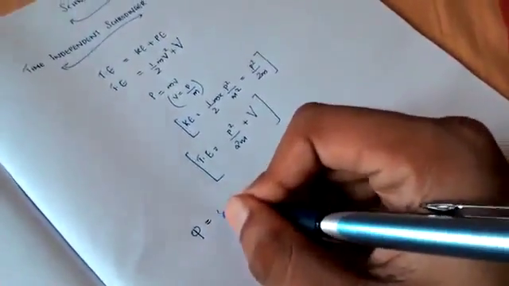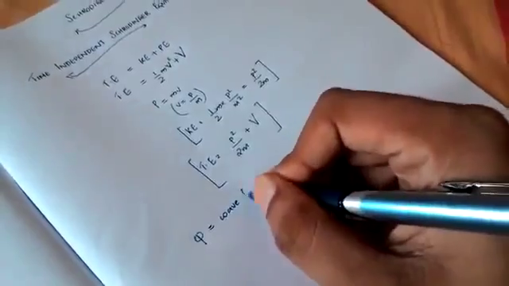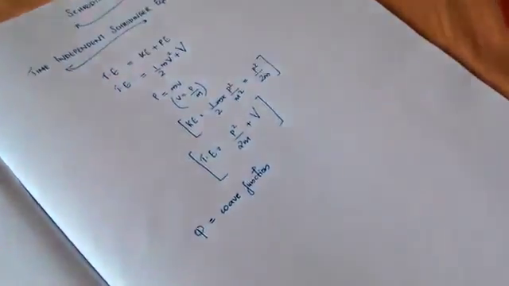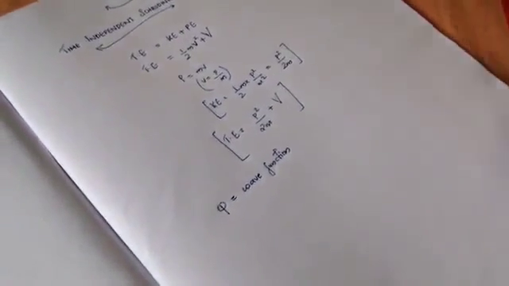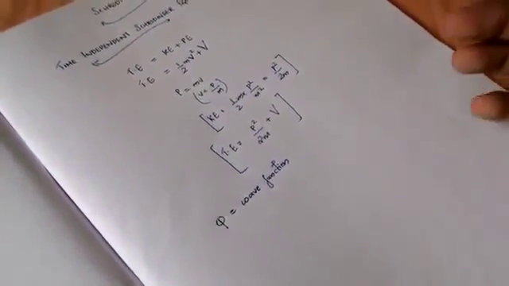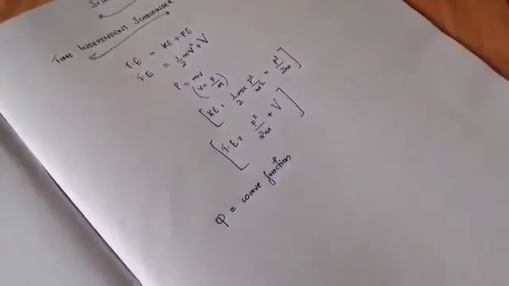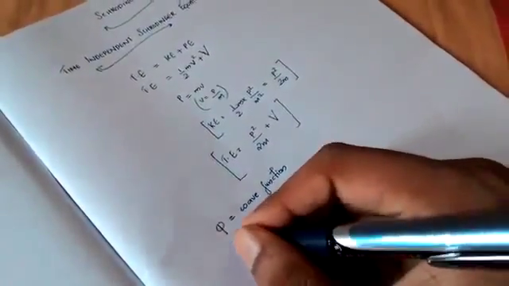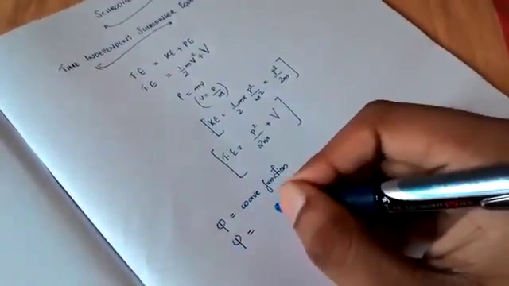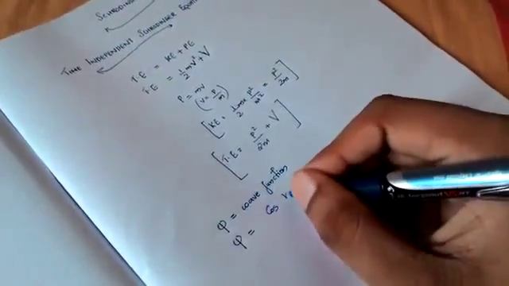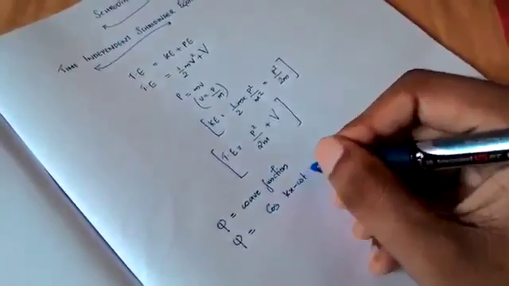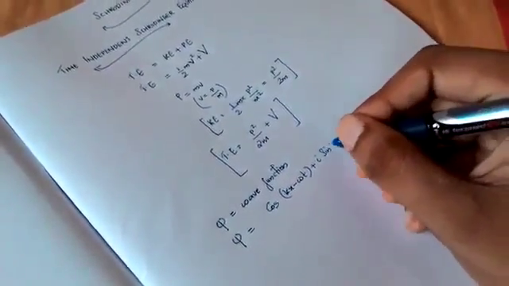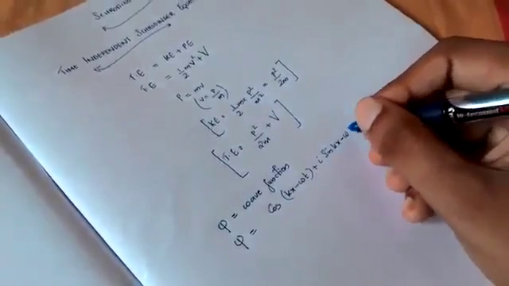Psi is the wave function. For deriving the equation, we are considering a wave. I'm writing psi equal to cos(kx minus omega t) plus i sin(kx minus omega t).